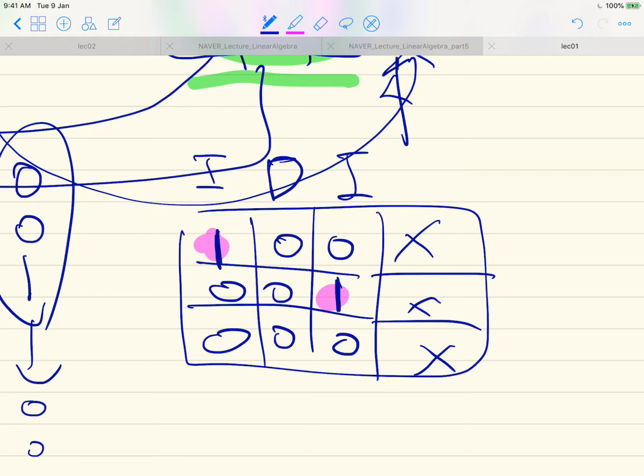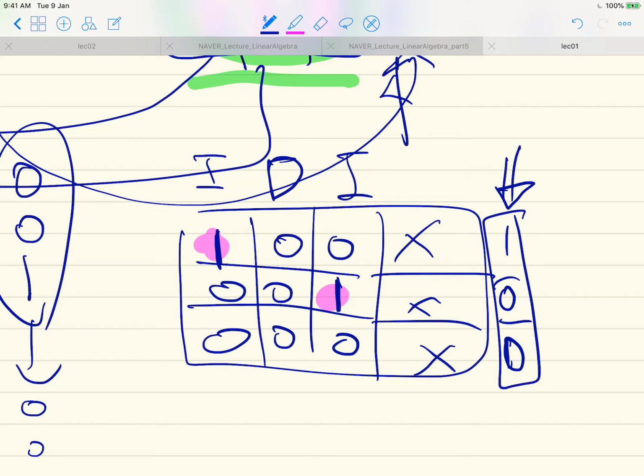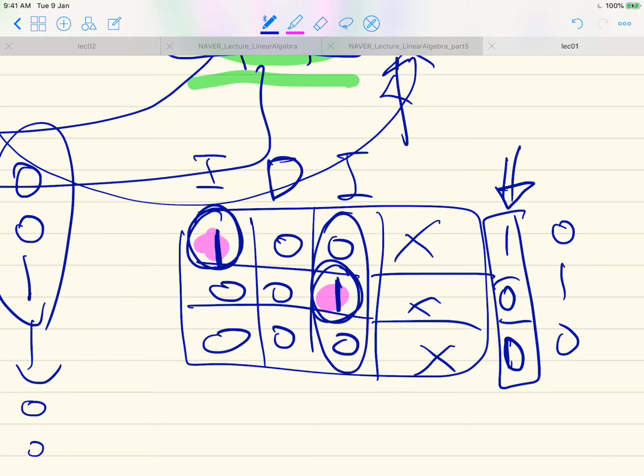So in this case, in terms of 1, 0, 0, we can generate this guy by using the linear combination by using this one, right? And then 0, 1, 0 can be obtained by using this column because we have 1 over here.